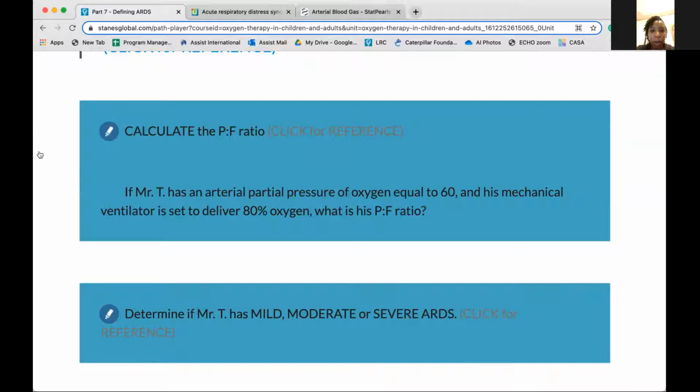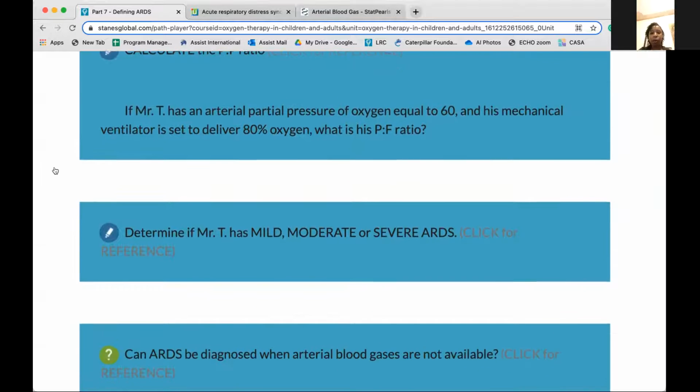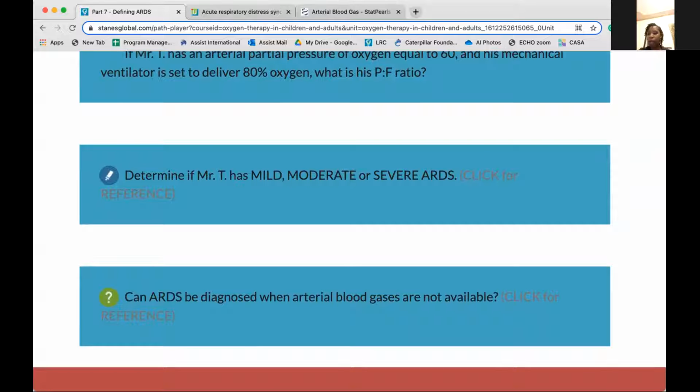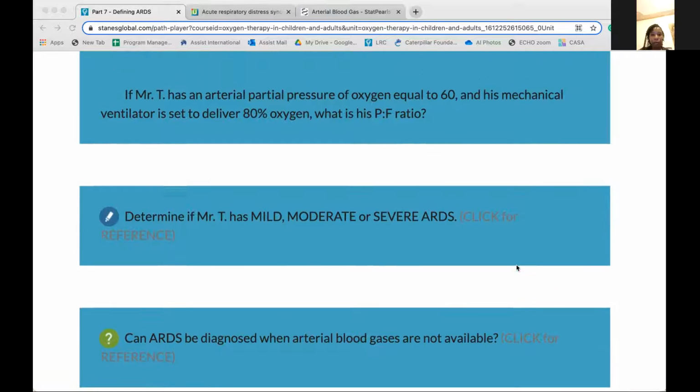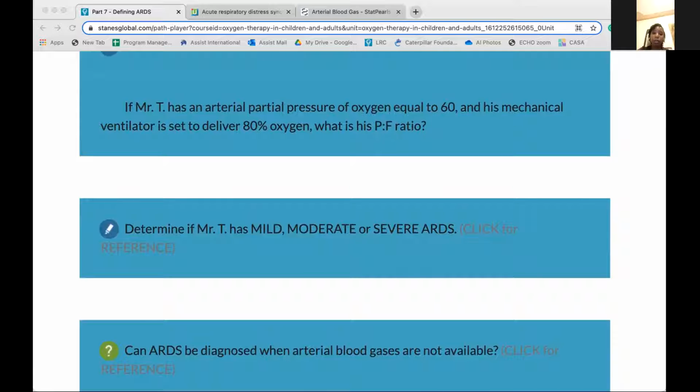So determine if Mr. T has mild, moderate, or severe ARDS. From what we have described earlier and the values I had given you, what do you think Mr. T has? Does he have mild, moderate, or severe ARDS? Let's do a quick one in the chat box. With a PF ratio of 75, do you think it's mild? Is it moderate? Is it severe?